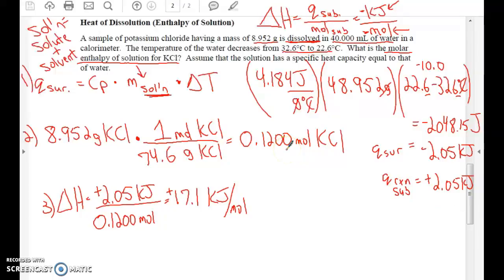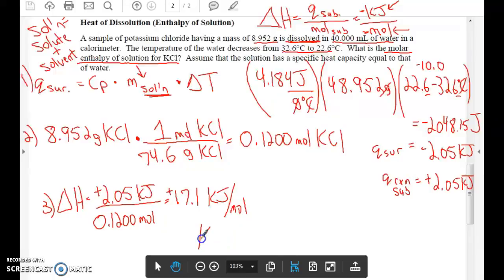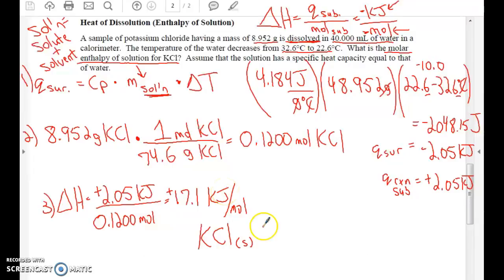All right, now if we were going to write this, it doesn't say it in the problem, but if we were going to write this as an equation, include the heat term in the equation, what we ended up doing is potassium chloride, that was a solid. We had a positive delta H, so that means it's endothermic. When it's endothermic, heat ends up being on the reactant side.